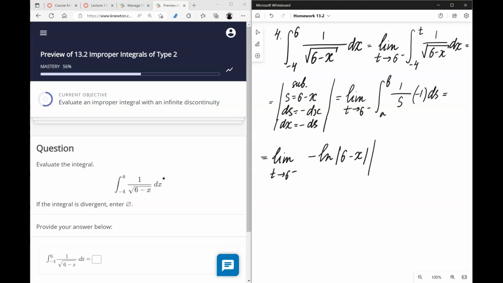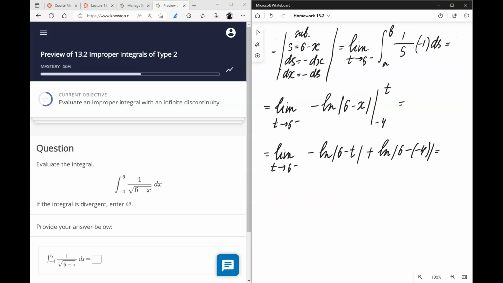And now that we went back to the original variable, we can plug in the original limits, which were -4 and t. So let's plug in t. So we have negative ln 6 minus t minus negative, it becomes positive, ln 6 minus -4.